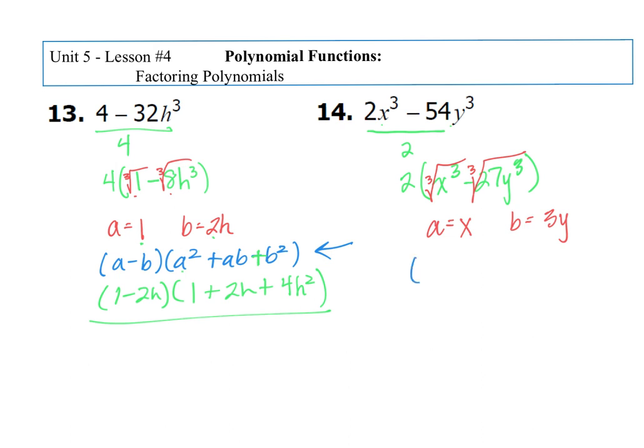First, I have a minus b. So a is x, b is 3y. That's x minus 3y. Parentheses, a squared is our x value squared. Plus sign, a times b is x times 3y, so 3xy. And then our b value squared is 3y times 3y for 9y squared. So this is our factoring.